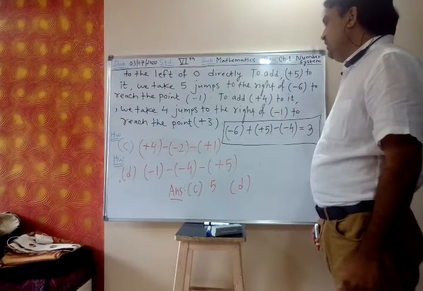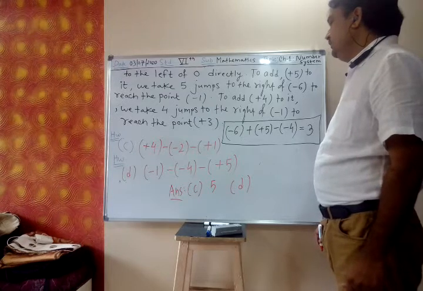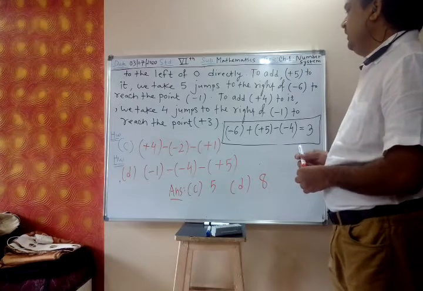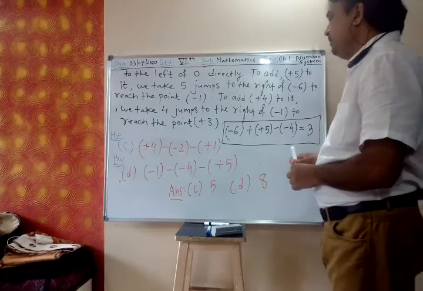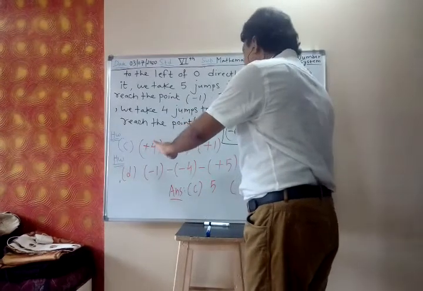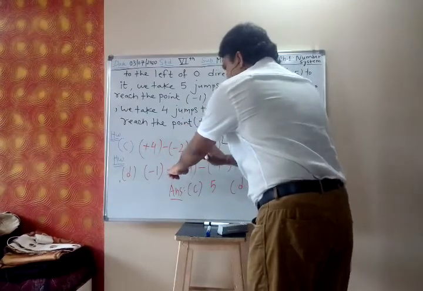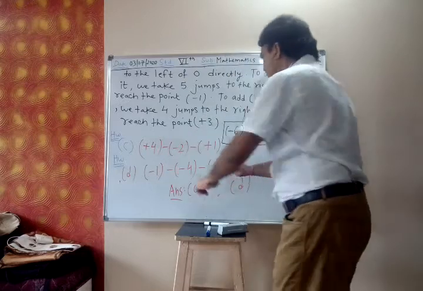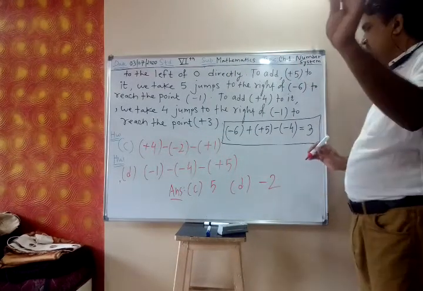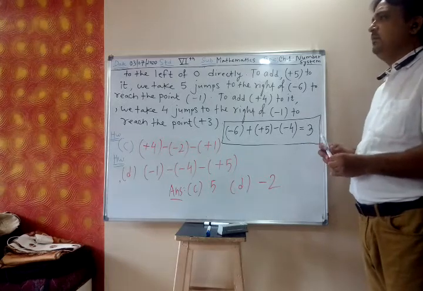And answer of D is... wait, 4 minus 1, 3 minus 5, answer of D is minus 2.